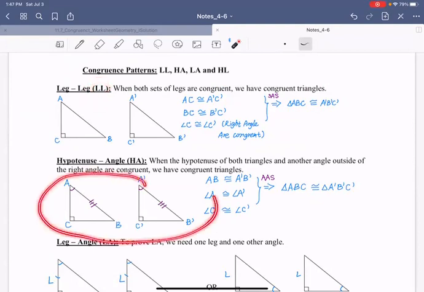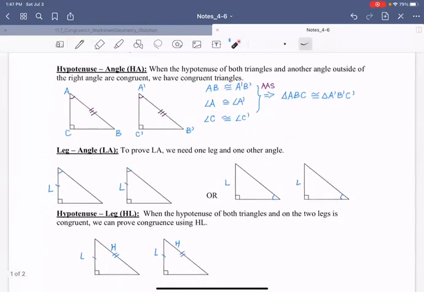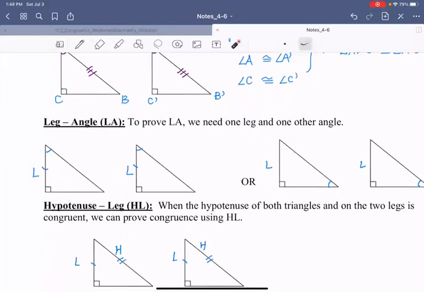So for this one, you were given these two congruent, that congruent. Now you prove these two congruent. So you call this HA. HA can prove two right triangles congruent. This is LL, this is HA. Now we want to see the LA. Okay, Abby, let's see this one. You have this angle congruent, and you have this leg congruent.